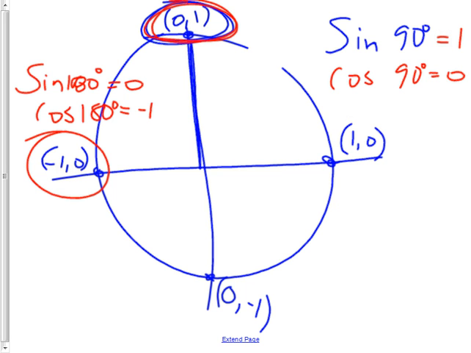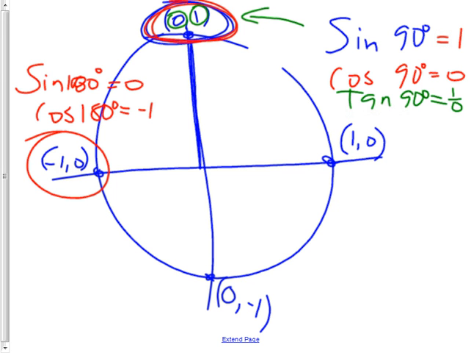How about tangent? I haven't done tangent yet. I'm going to go back to this other one. The tangent of 90 is the y over the x, which is 1 over 0.